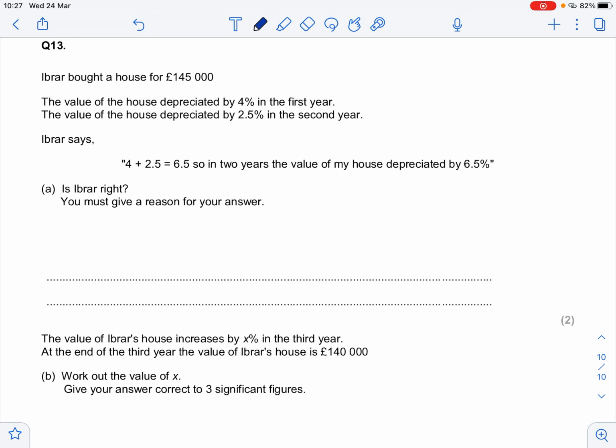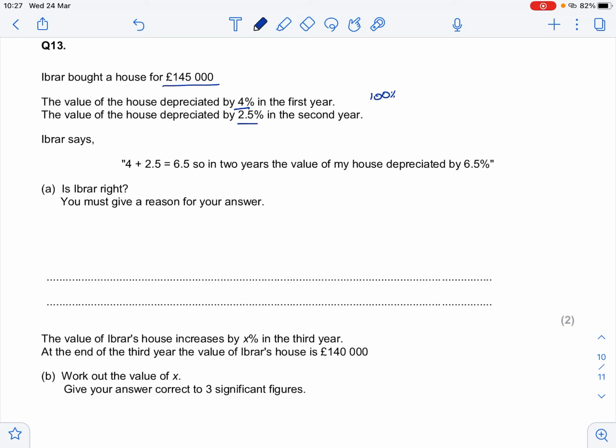Okay, question 13. We're told that Ibor bought a house for this amount. The value of the house depreciates by this amount in the first year, then depreciates by this amount in the second year. Is he right? Depreciation means it's a percentage decrease. Let's work out the multiplier.